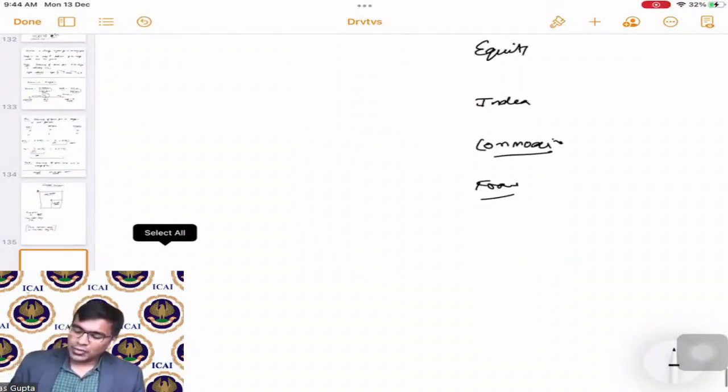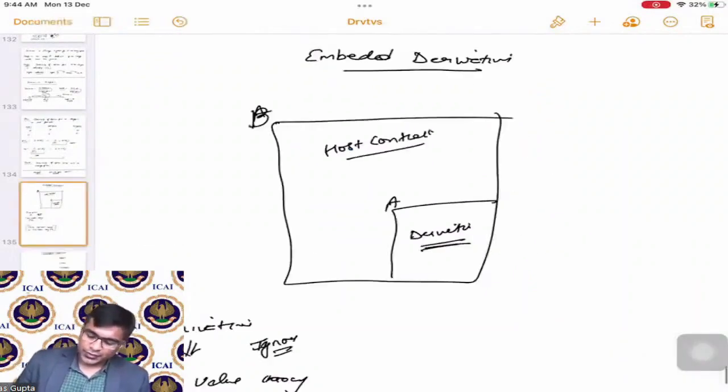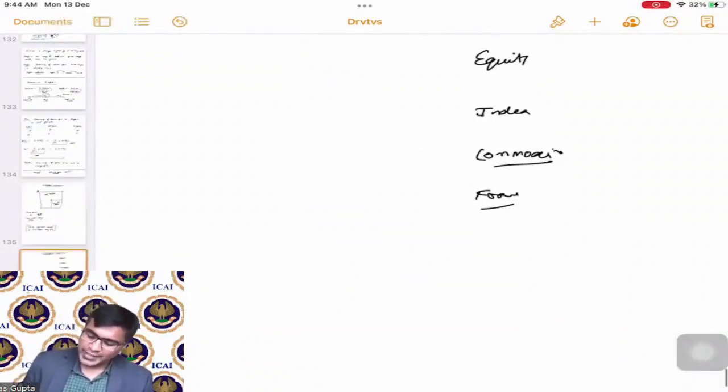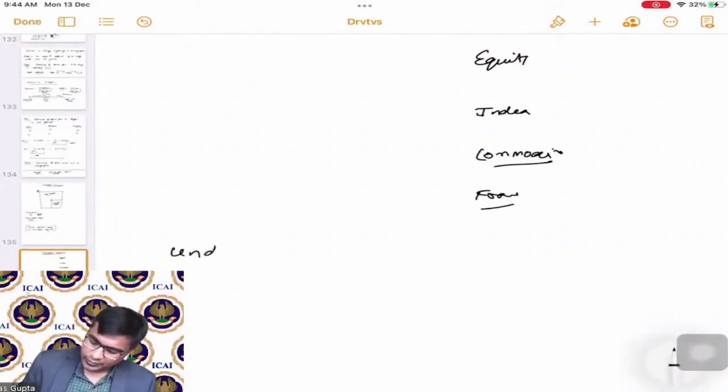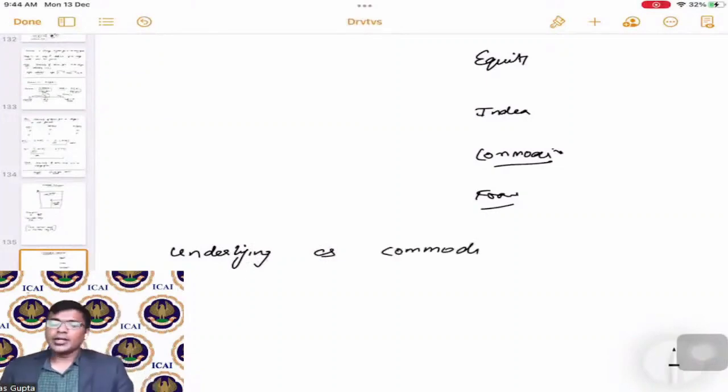Now, what are these commodity derivatives? As the name suggests, commodity derivatives have the commodity as the underlying. The underlying asset is always the commodity itself.